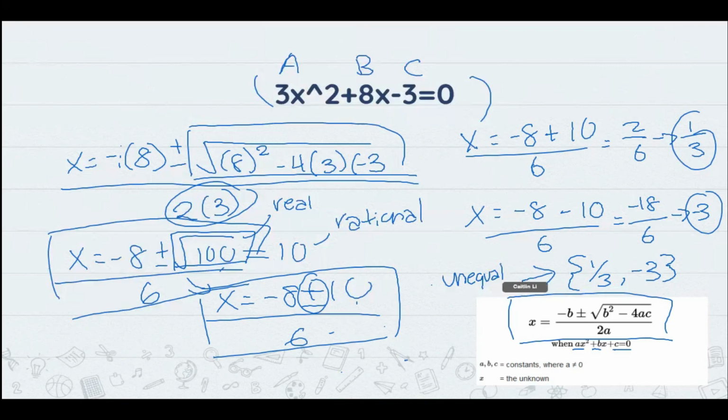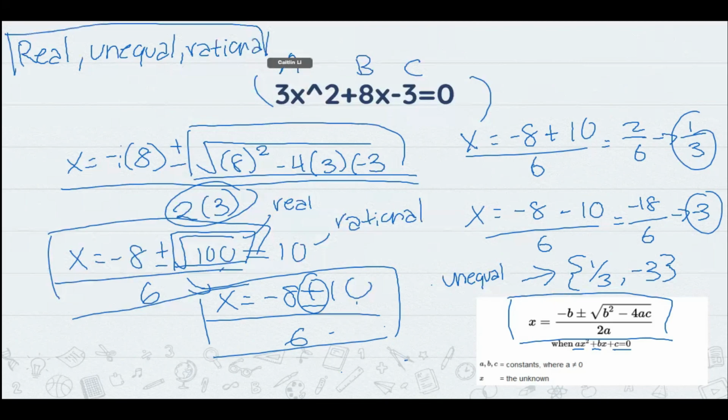So our sequence would be real, unequal, and rational, like that. Because again, we have a positive in our radicand. It is also a perfect square, and our final answer is our two numbers are unequal to each other.